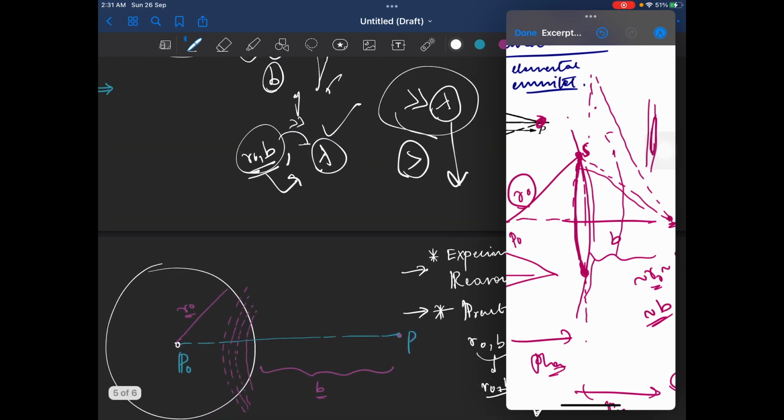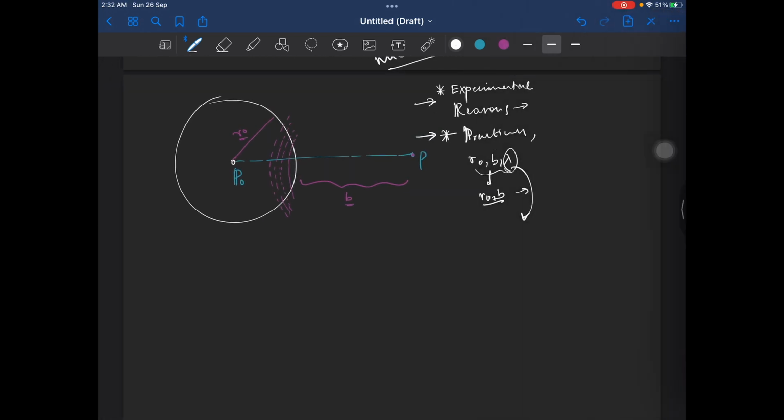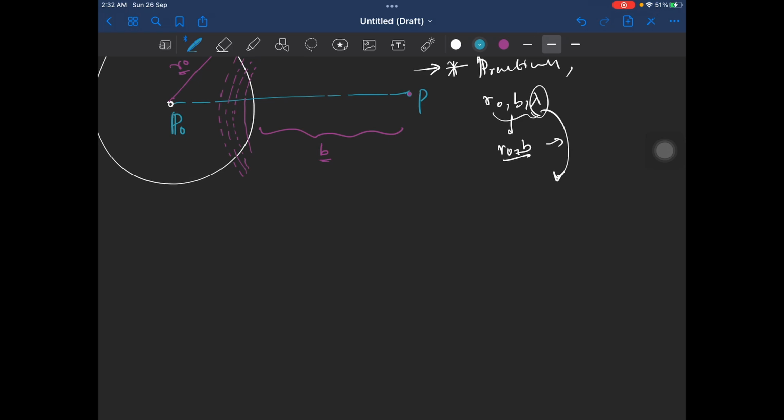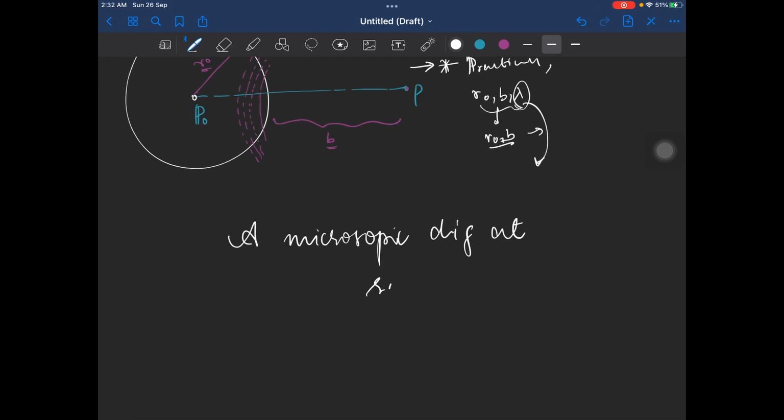Now this is a more microscopic view, and I shall look at it at some point. I want to look at a microscopic dig at R0 and B should be greater, yes, but greater than lambda should suffice.